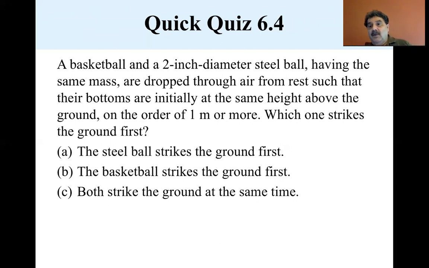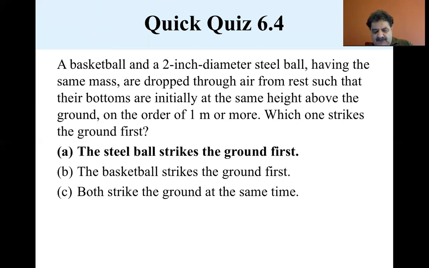Well, they both have the same mass, but one certainly has a smaller cross-sectional area. The steel ball has a smaller cross-sectional area, so it should go faster. And sure enough, the steel ball does arrive there first. The basketball, having a larger cross-sectional area, will have greater air resistance at any given velocity than the steel ball, which will result in a continuously smaller downward acceleration.